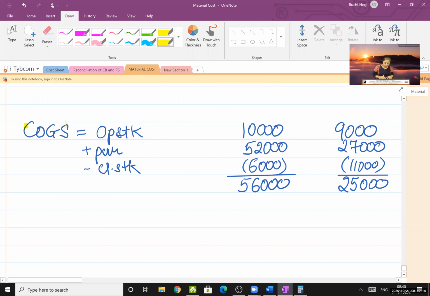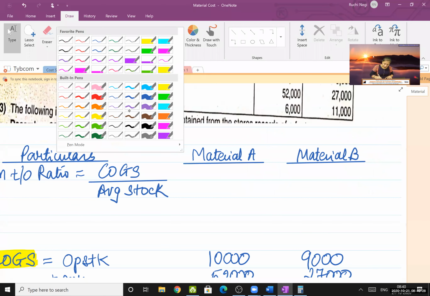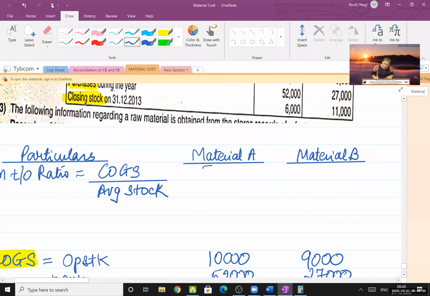So I got my COGS. My numerator I have got 56 and 25. So substitute here 56,000 and 25,000.